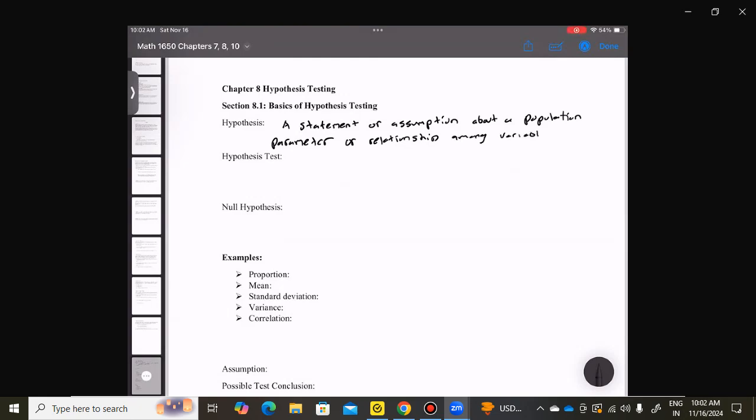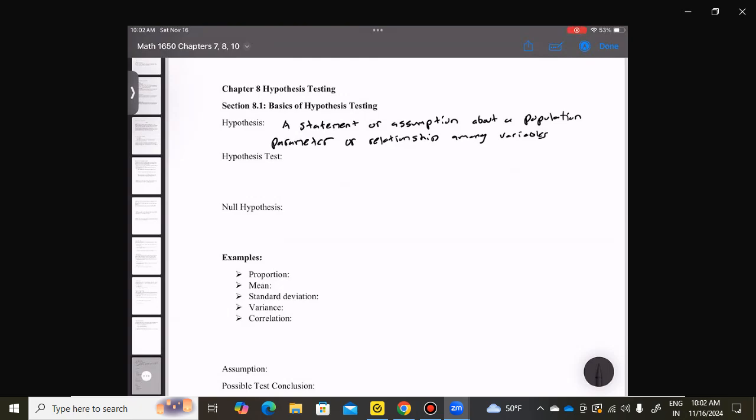We will see hypotheses for mean. Standard deviation is in 8.3, but we won't be doing 8.3. Proportions, there are some for variance and higher statistics. In chapter 10, we'll see some for correlation.